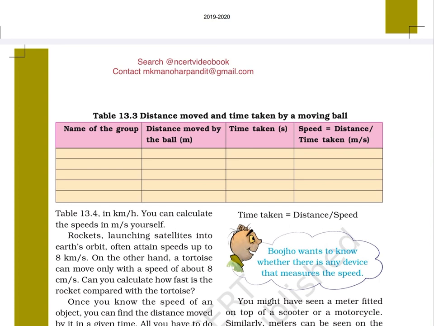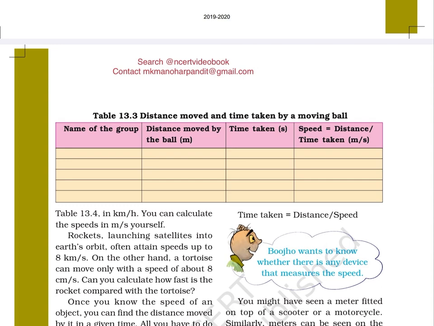In the second column, you have to fill in the distance moved by the ball in meters. In the third column, you have to fill in the time taken in seconds. In the fourth column, you have to fill in the speed, which is equal to distance upon time taken, and the unit you have to put in here is meter per second.